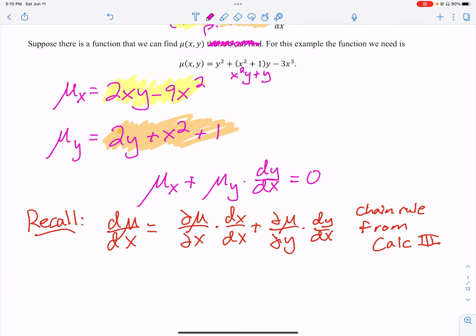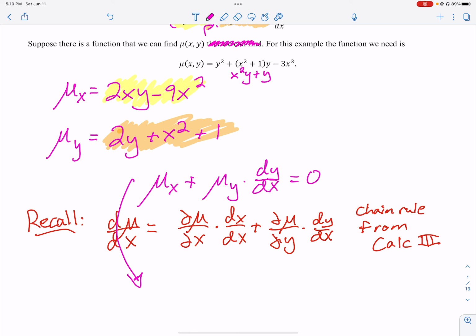Those two equations that we just wrote down here and here are the same thing, right? The dx over dx is a 1, and then it's just a different notation, right? The partial of mu with respect to x is the same thing as us writing mu x up here.